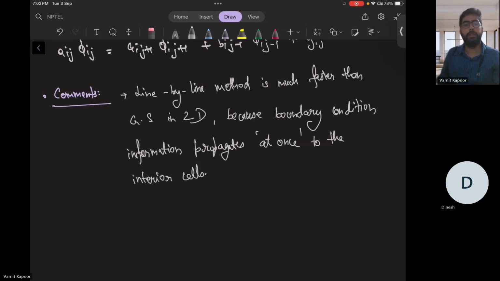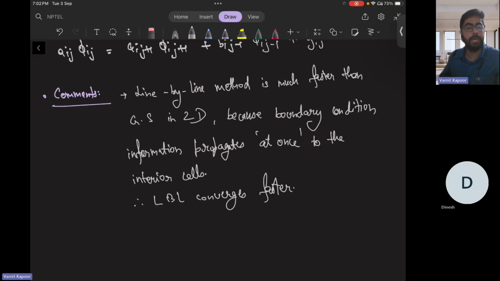Okay. Next comment, B, is that you can say this method converges faster. Therefore, LBL converges faster.